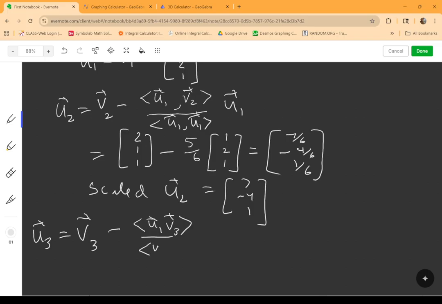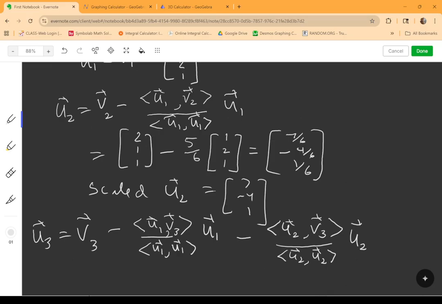Over U1, U1. And then minus, so there'll be two components here. U2, V3 over U2, U2.